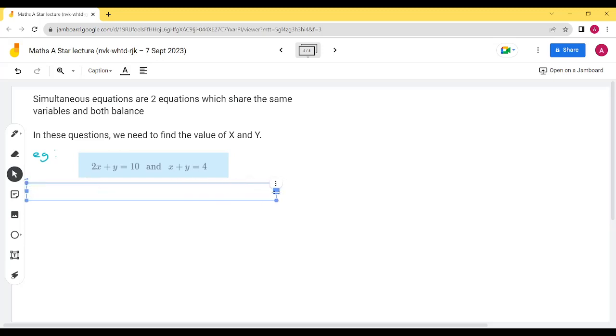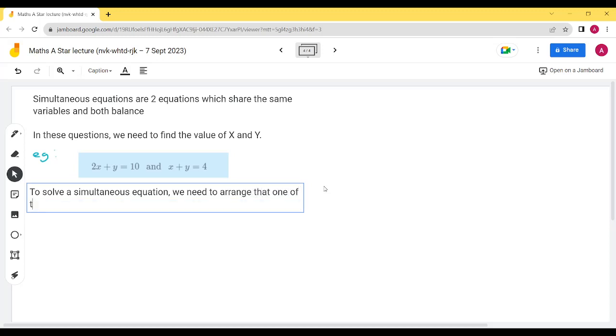To solve a simultaneous equation, we need to arrange that one of the variables is the same in both, and then take one equation from the other.